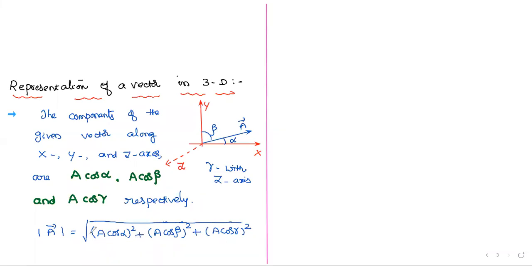Pranav posted it with the two axes only. Now introduce the third axis also. Root of AX square plus AY square plus, along the Z axis, AZ square.